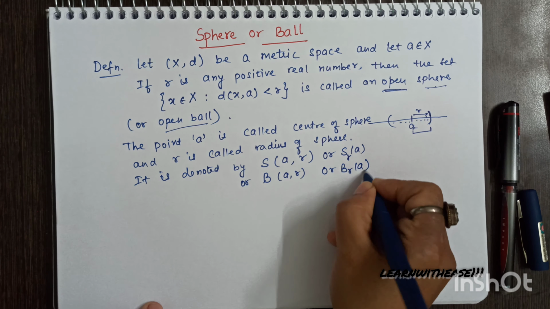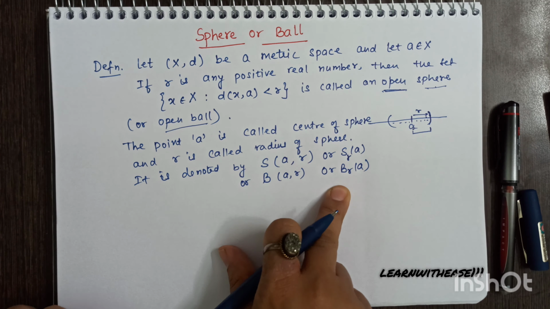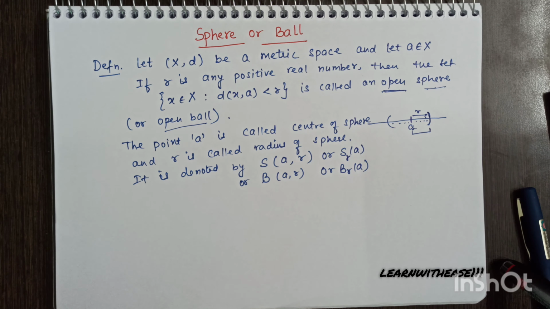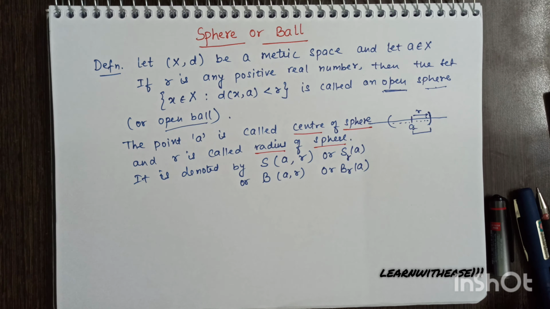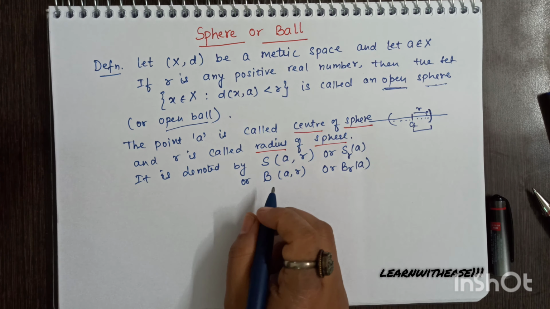In the same way we can write B(a, r), because sphere and ball are the same thing in a metric space. So the two specific things are center and radius.